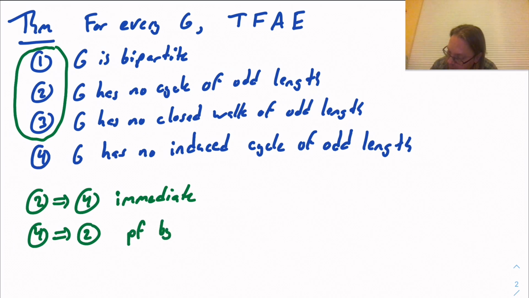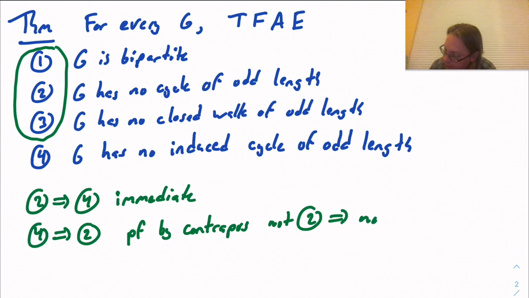Proof by contrapositive. So we're going to prove not 2 implies not 4. And this has exactly the same form as we had before when we were going between cycle and closed walk. So this is very, very similar in structure.